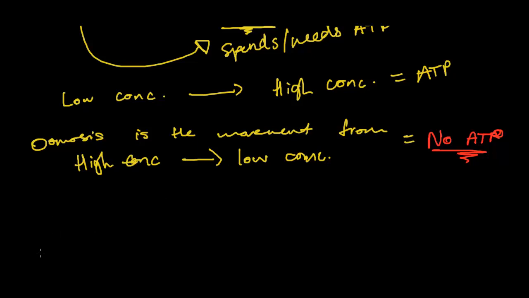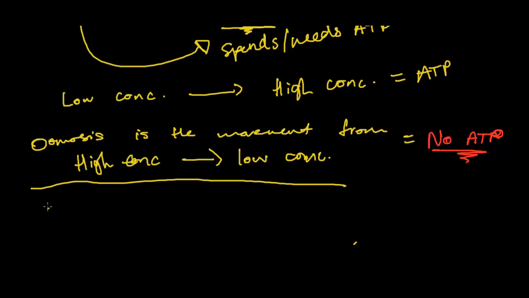Suppose I had a very, very concentrated area. If it wanted to become less concentrated, the highly concentrated part of that area would slowly move through osmosis to the low concentrated area, which basically means it goes from the high concentration to the low concentration to provide something like an equal balance.